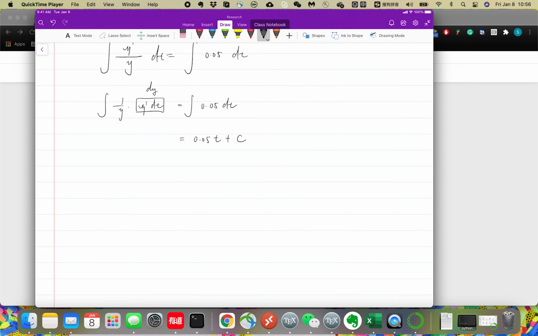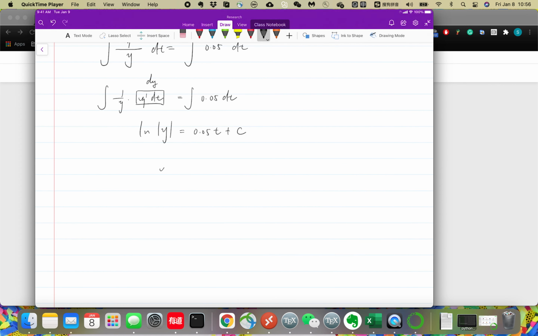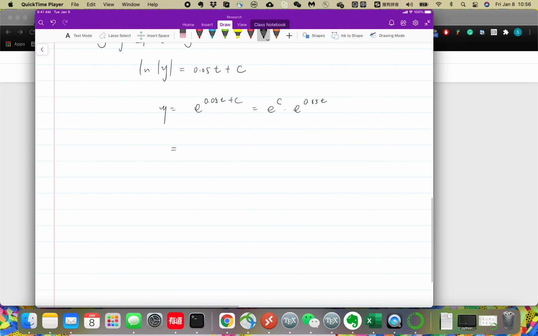But now it's y with respect to y, then that's going to be ln. Of course, for population, we take the positive one, plus c, which is e to the c times e to the 0.05t. Now you can see e to the c is nothing but just any constant. So that's what we're having of how to solve this differential equation.